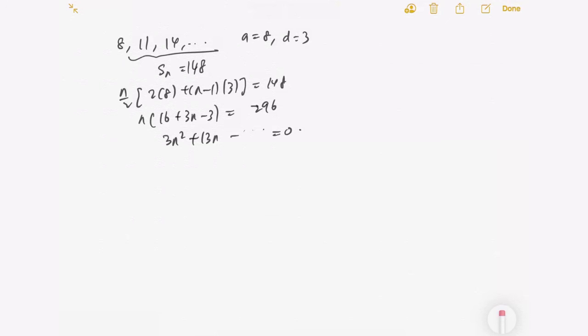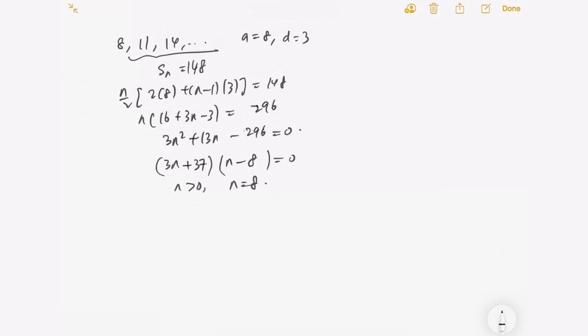We can factorize, so 3n, take 296 divided by 8, 37. So this should be 8 times 37, and 37 minus 24 gives us 13. Okay, so n is always more than 0, n should be 8.